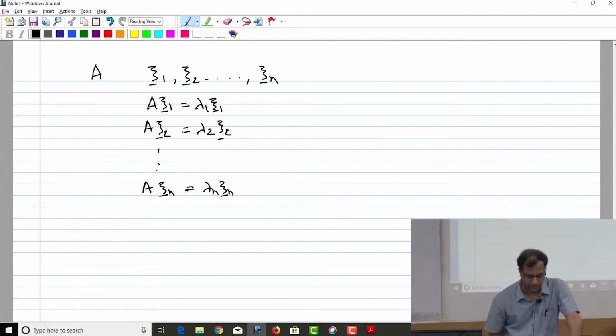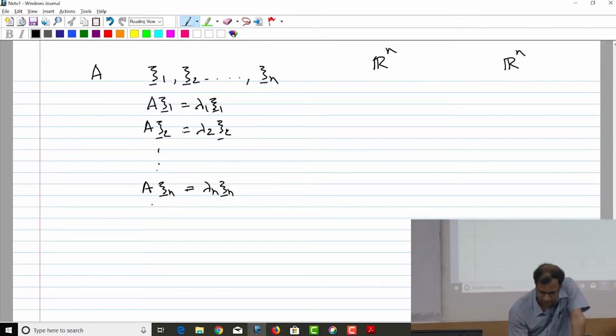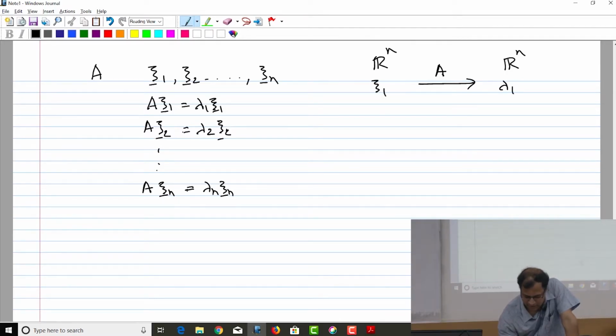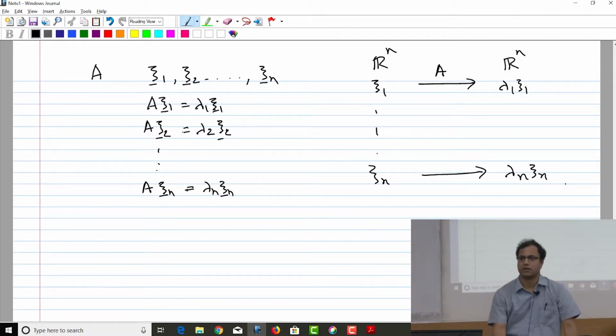These vectors are in Rn, and their images are also in Rn because we are considering only square matrices. So we are finding the action of A: xi1 goes to lambda 1 xi1, and so on, xin goes to lambda n xin.